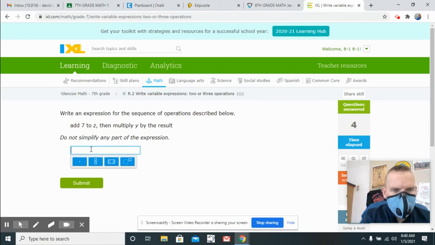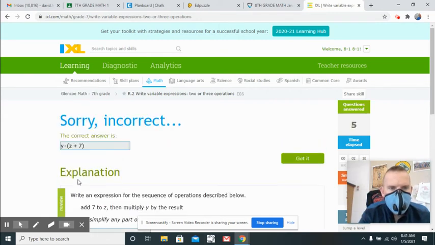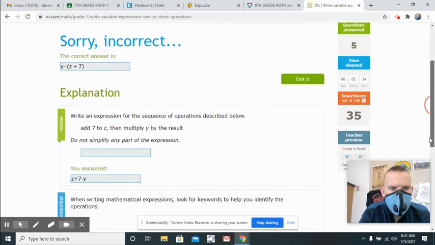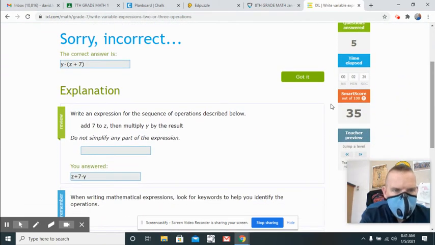Add 7 to z. Well, z plus 7, because again, we have z, then we added 7 to it. Then we're going to multiply it by y. Notice, that's what I was going to get ready to show you. Notice it says add 7 to z, then you're going to multiply that result by y.